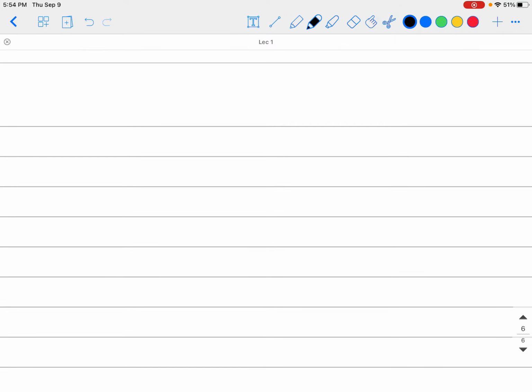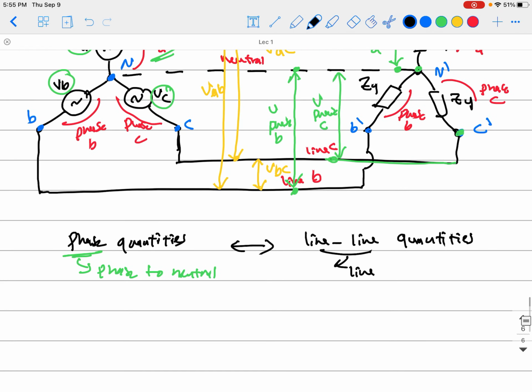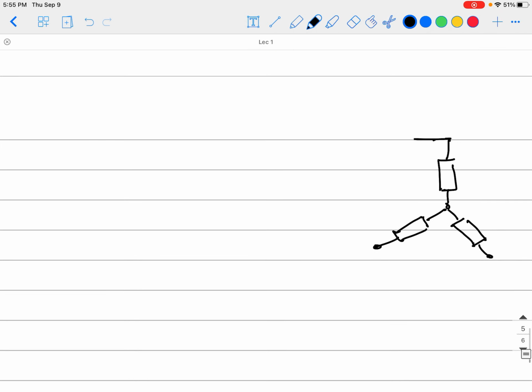So this is the line A, and that is the load. It's the same thing here. That is ZA, phase A, and that is ZB, and that is ZC. I'm going to just have this down here, because that is A dash, and that is C dash, and that is B dash.